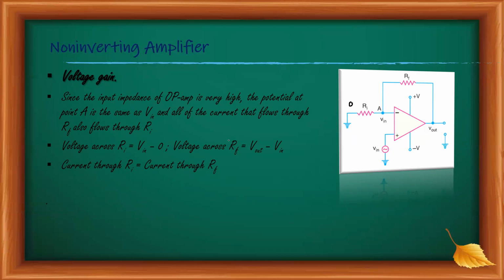And we know that the current through Ri is equal to the current through Rf. So we can equate the current through the resistors.